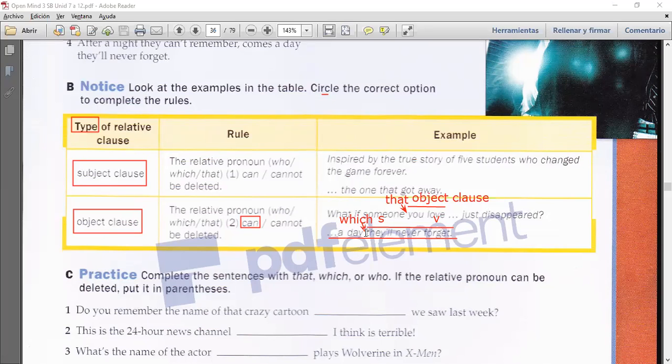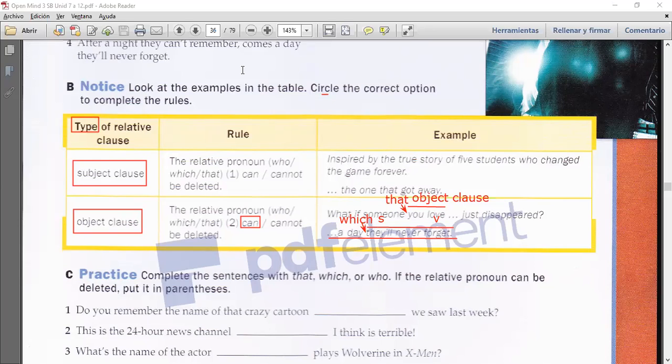It's not necessary. It is implicit. Or you can use, okay, it's possible to use which. Or in order not to be redundant, we can eliminate it.